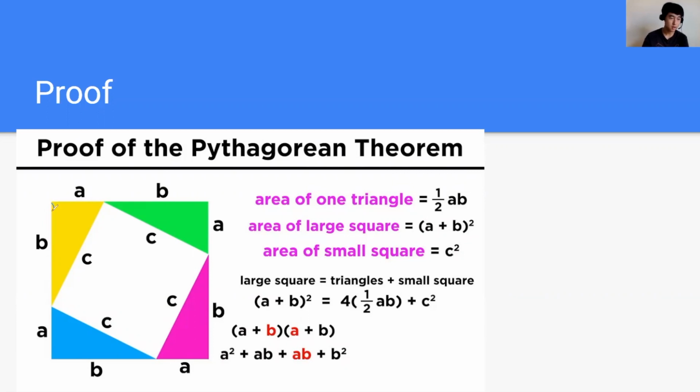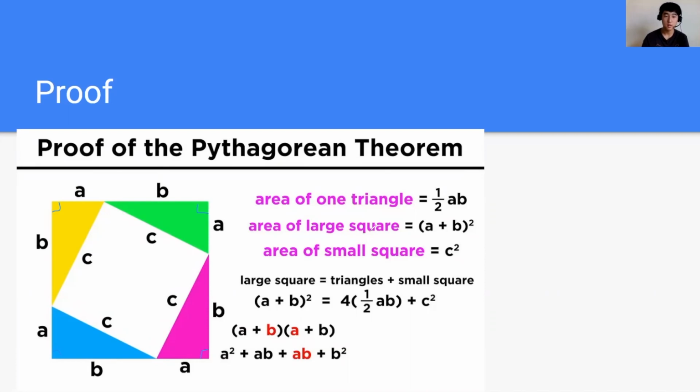This is the square, and there are four right triangles: yellow, blue, pink, and green. And as we mentioned on the last slide, there are A, B, and C. C is the hypotenuse, and A and B are the side lengths of the right triangle.